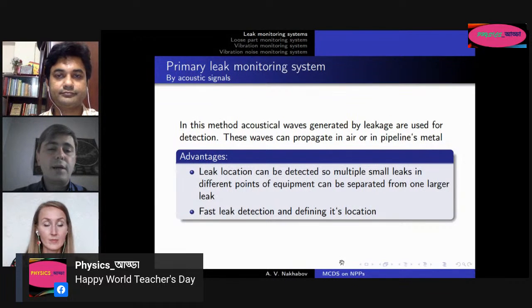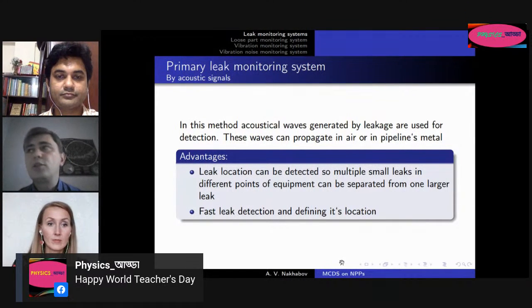Sound speed in air is approximately 330 meters per second, but for ultrasonic waves, starting from 3000 meters per second. So of course it's more suitable to use acoustical sensors to detect the place of leakages. And as usual, it's enough to have at least two acoustical sensors arranged alongside the pipeline to approximately detect the location of leakages.